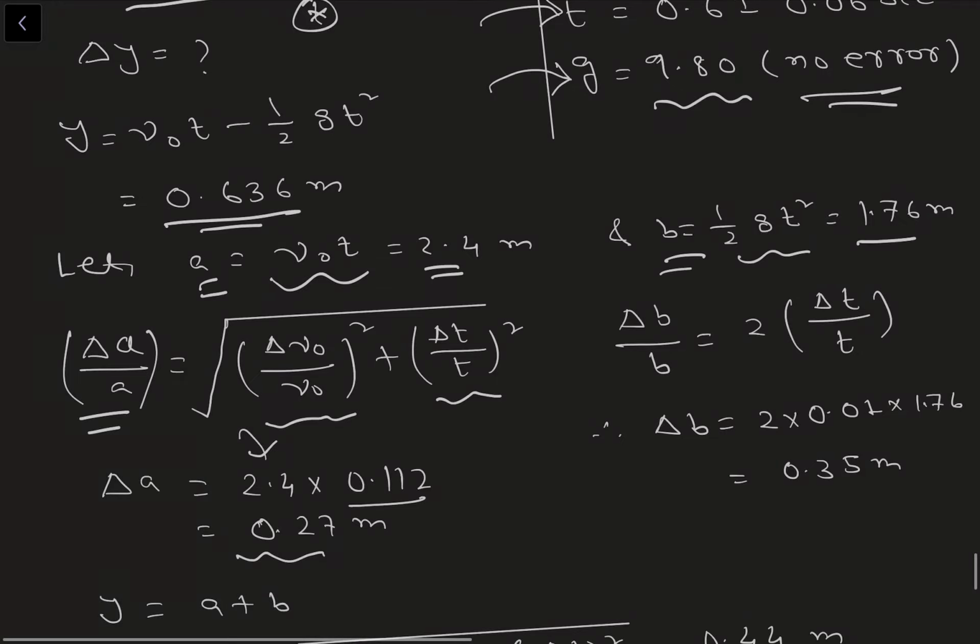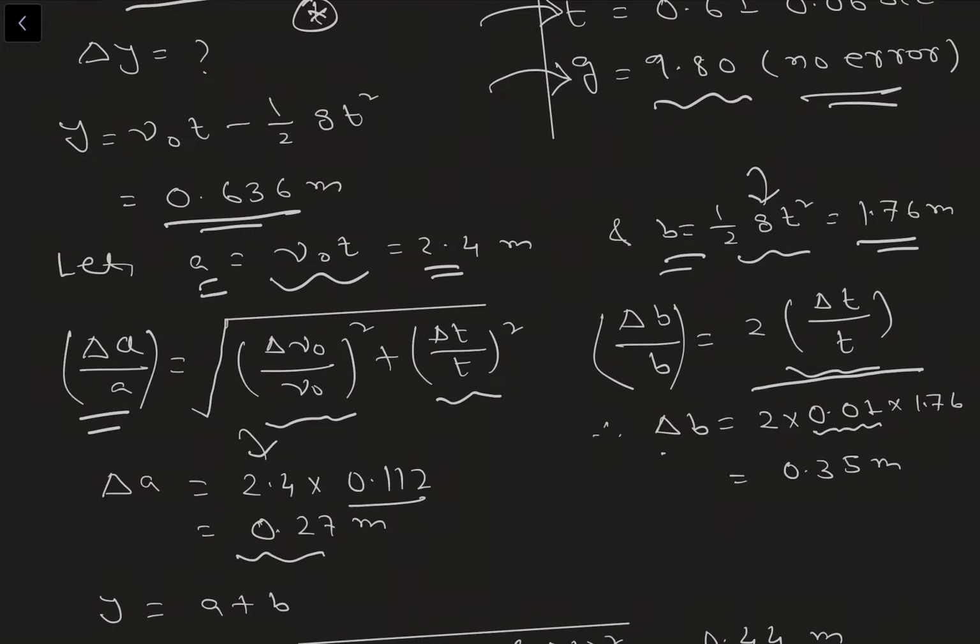Now the second term, we assume half g t square as B. It is coming out to be 1.76 meter. We calculate the relative error in B using just the power law. g is acting like a constant here, no error is there. So we use the power law in case of t square.